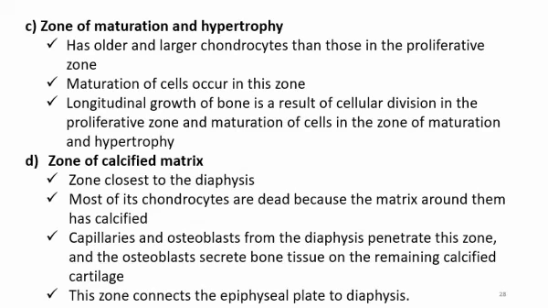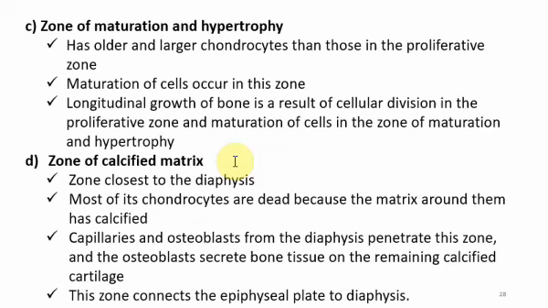The maturation and enlargement of chondrocytes results in longitudinal growth of bones. The other zone is the zone of calcified matrix, which is the zone of the epiphyseal plate much closer to the diaphysis.